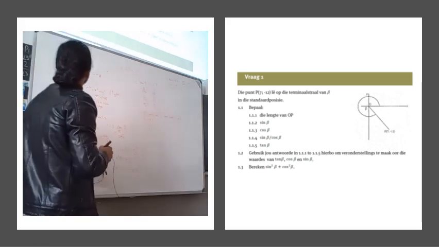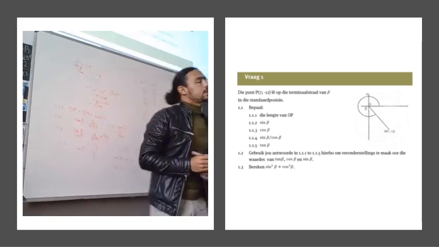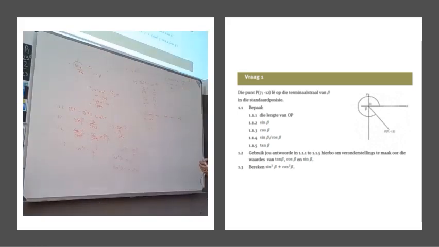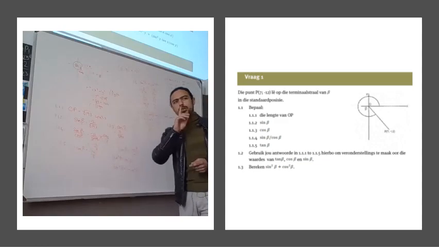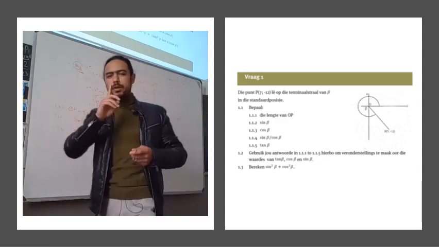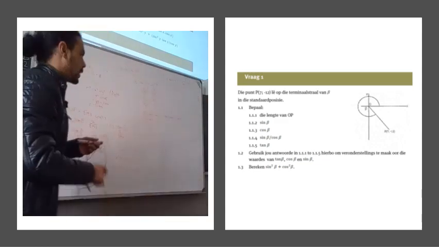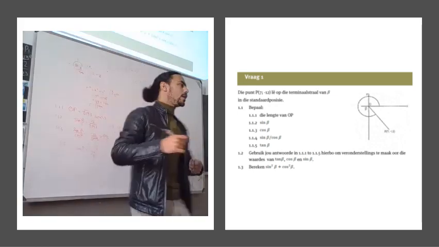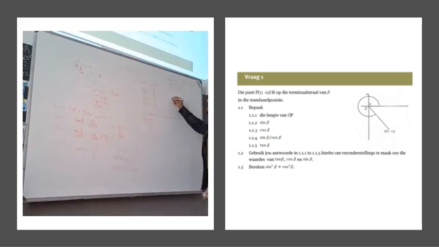Right, let's go on to the next one. Cos of x plus sine of x squared plus cos of x minus sine of x squared. I'm going to give you 3 minutes to do this. First, before you do that, do the following: a plus b squared, and a minus b squared.